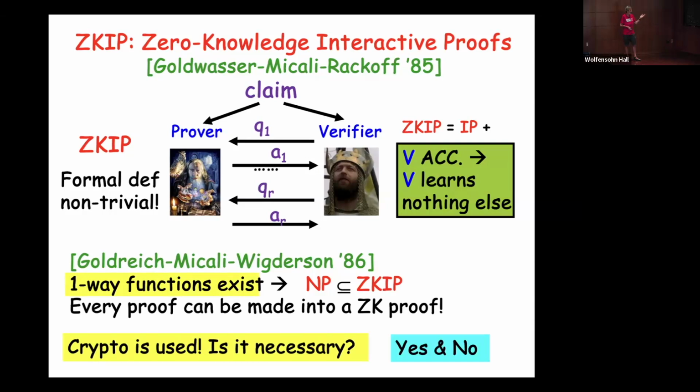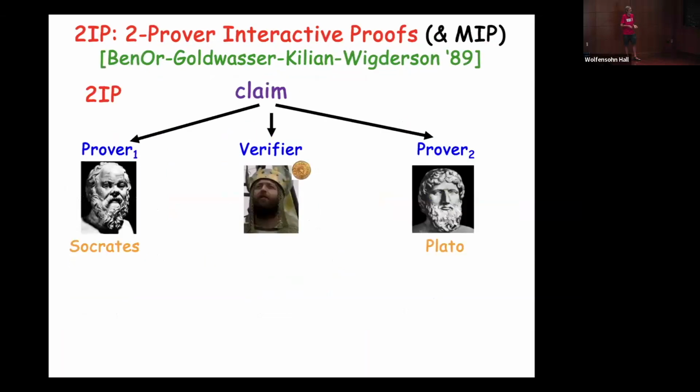Well, Ostrovsky and I proved that in the IP model, in this model of interactive proofs, if you can make any proof zero knowledge, then there must exist one-way functions. So yes, it's essential. But why is it not essential? Well, like happens a lot in mathematics, we change the model.